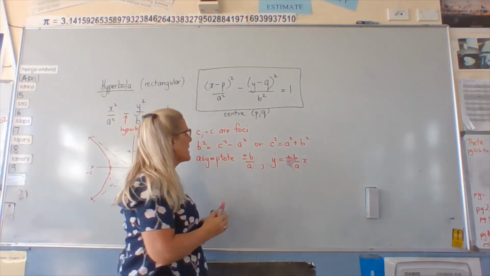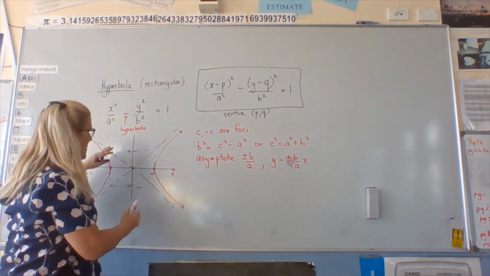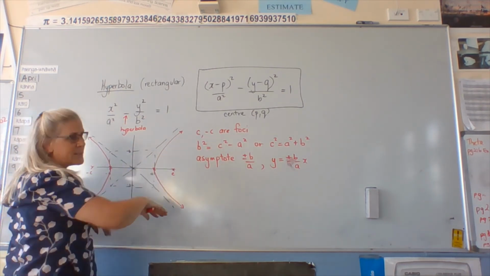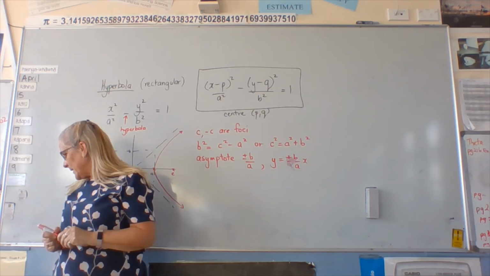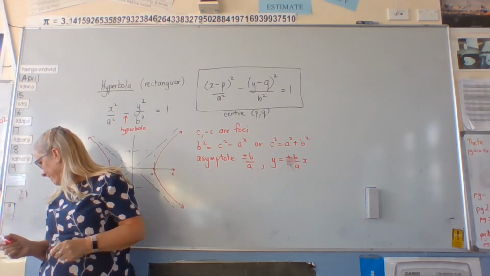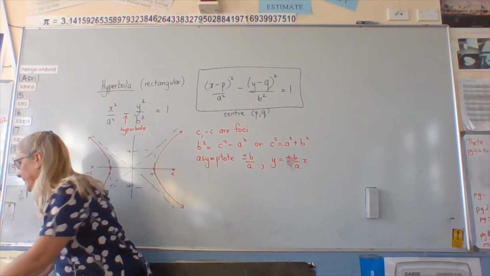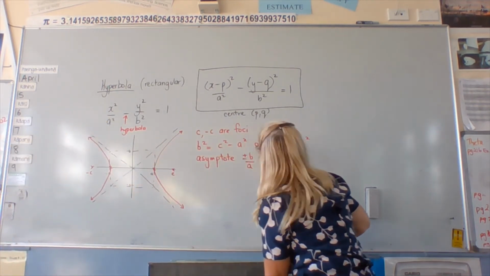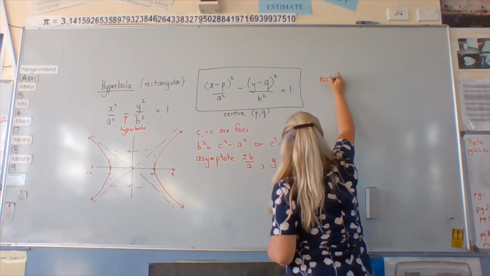But one of the things that comes in here is eccentricity. So depending on the relationship, we can get skinny ones or fat ones. All right, if we've got skinny ones, here, eccentricity.